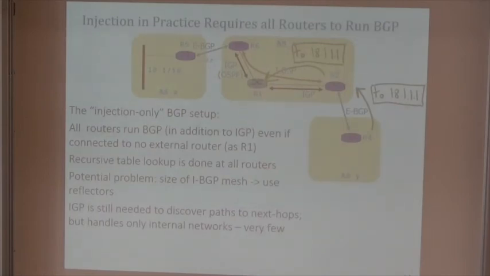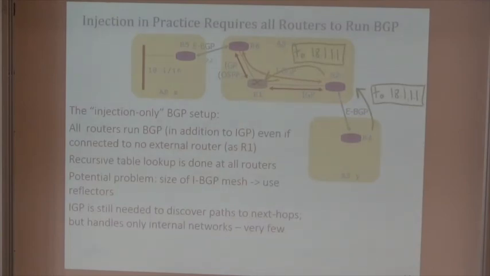That solves the problem, and this is very often done. Some people find it's a bit ugly, so there are alternatives. What kind of alternatives could you think of? An alternative where you would like not to run BGP in R1, because R1 is a core router.